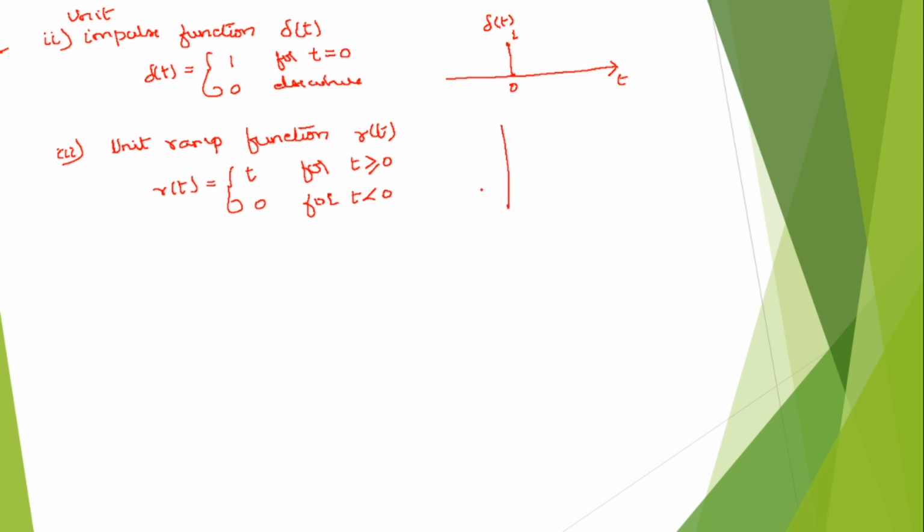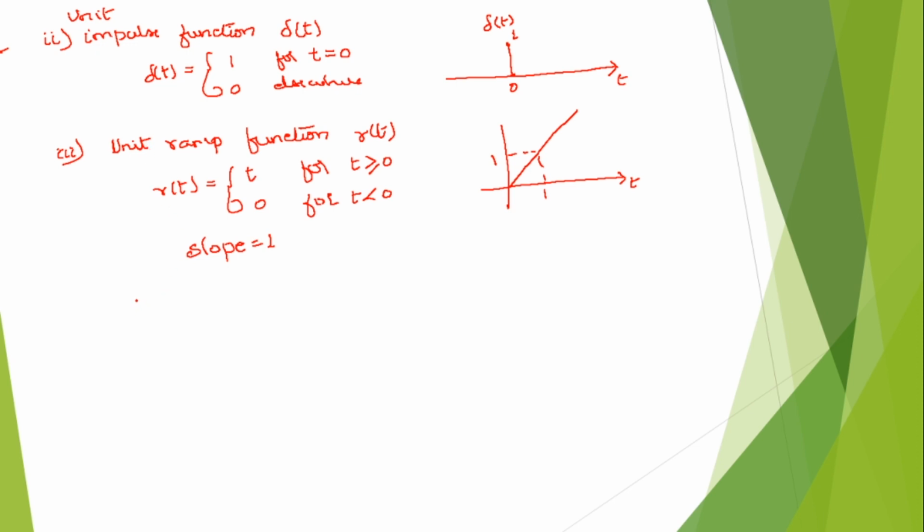That means this is a straight line with slope 1. That is why it is called the unit ramp function. Unit means slope 1, the slope is unity.